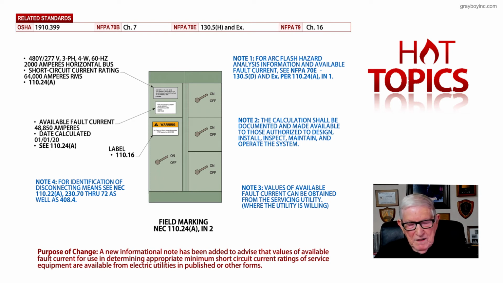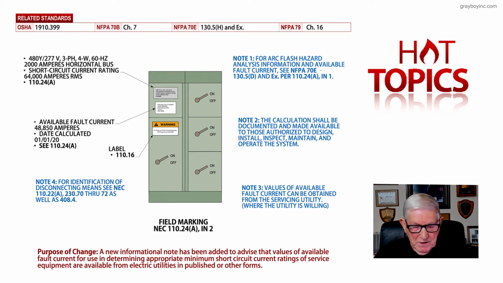And then (b), the minimum arc rating of clothing. (c), you could have the PPE that was selected from your job task going through the tables in NFPA 70E. But notice 130.5(H)(3)(a), it's just one of those that are provided there. You provide one, you're okay. You don't have to provide all of them.